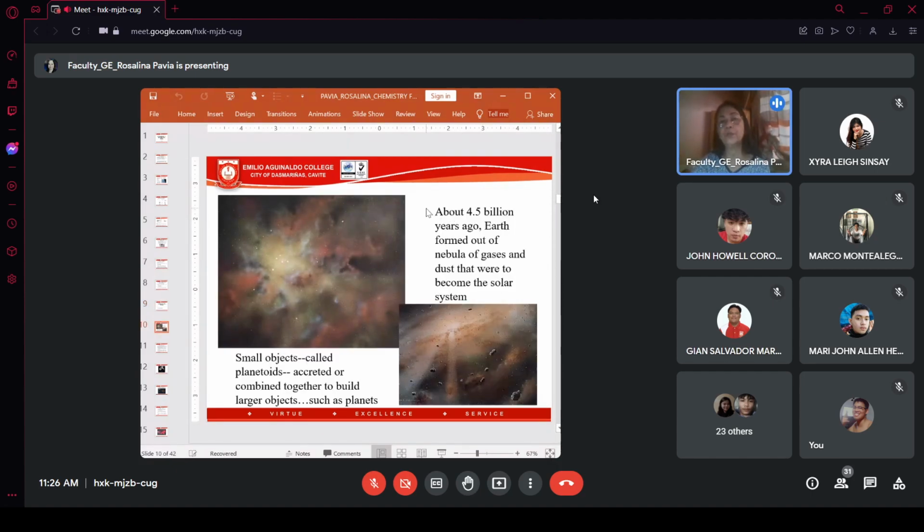So about 4.5 billion years ago, or BYA, pag BYA, it means billion years ago, the Earth formed out of nebula of gases and dust that were to become the solar system. And also, small objects called planetoids accreted or combined together to build what you call the larger objects, such as the planets. This is the scientific side of it.